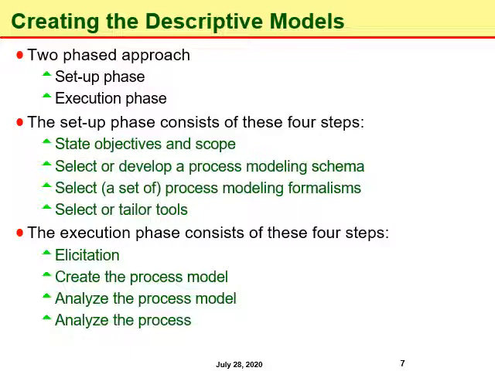Whereas the execution phase consists of four steps such as elicitation, then creating the process model, analyzing the process model, and analyzing the process. So we will discuss each of these steps one by one in the next slides.